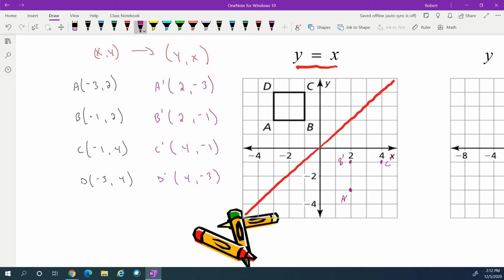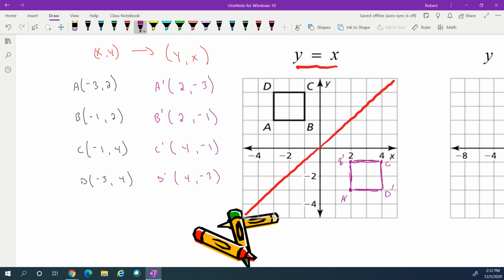And I'm sorry, D prime is at 4, -3. We can connect the dots. And we have our quadrilateral.